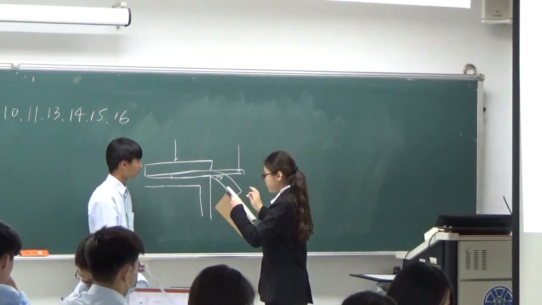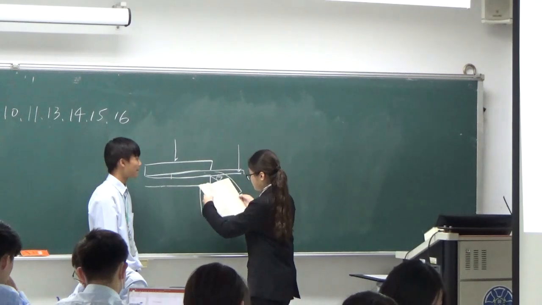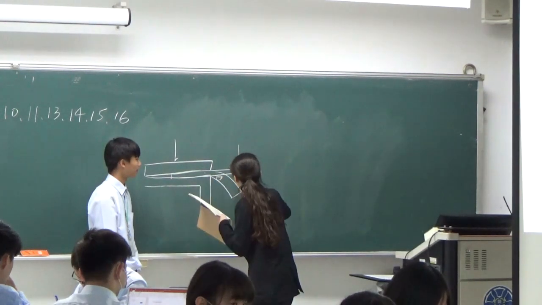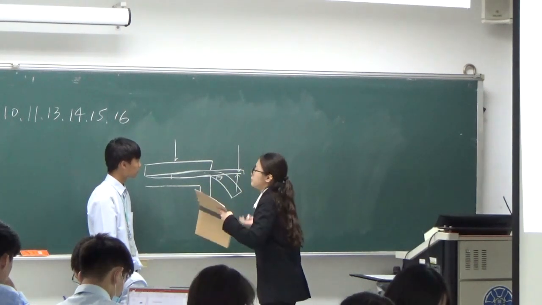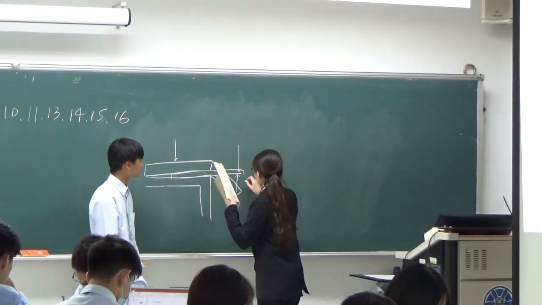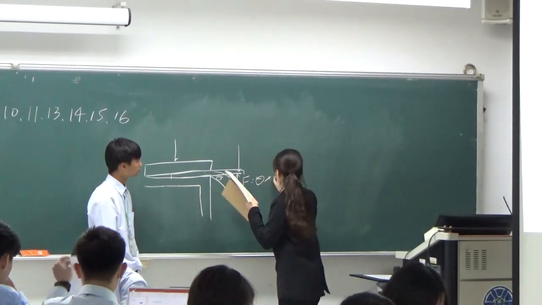So we can use the formula to calculate the force, because after it bends down, it should have a force to bounce back, right? So I think you can calculate the force by using this formula.